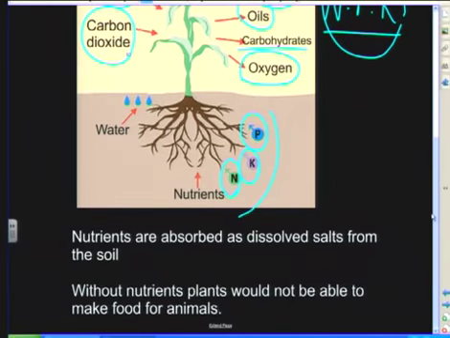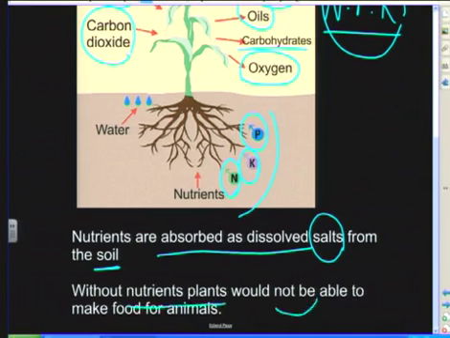Like I said, these nutrients are absorbed as dissolved salts from the soil. We're going to talk more about these salts here. Without nutrients, plants would not be able to make food for animals, so we wouldn't have anything to eat.